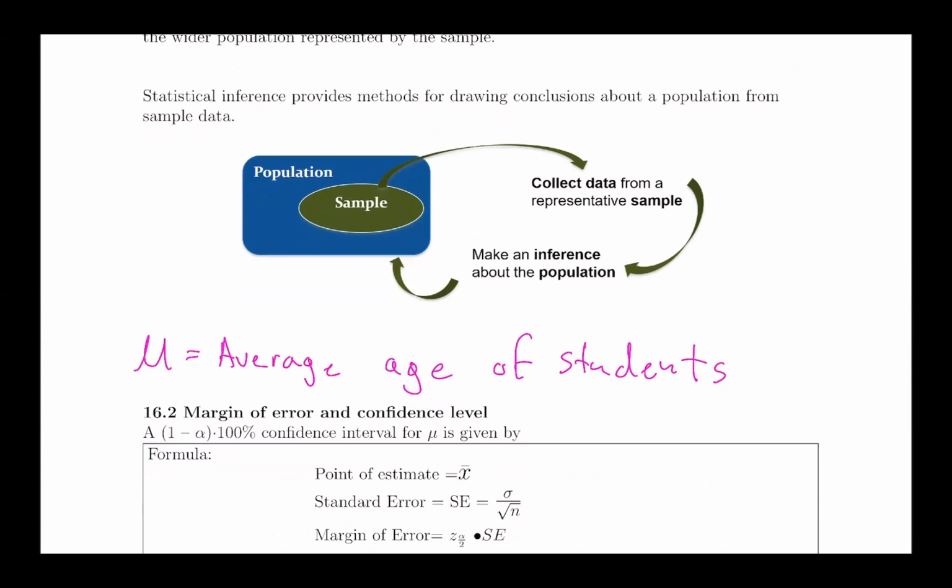So when I talk about a range, it should look something like this, where it should tell me, hey, the range for the average age of students in Dominguez Hills should be somewhere between 20 and, we'll say, 26.